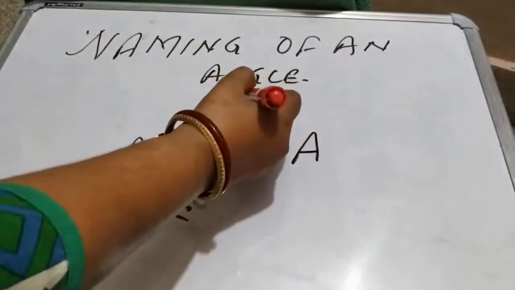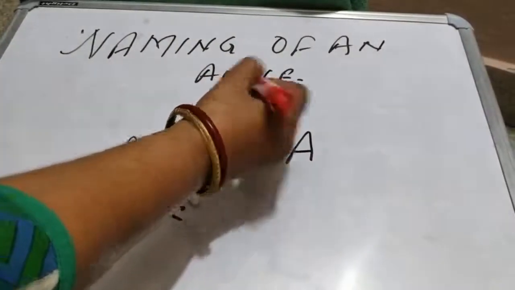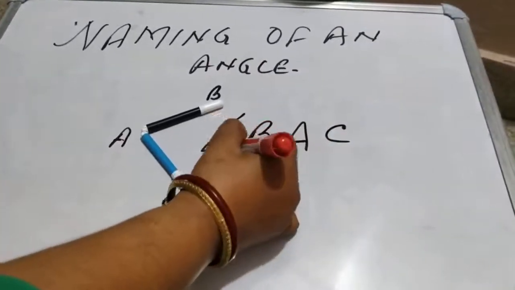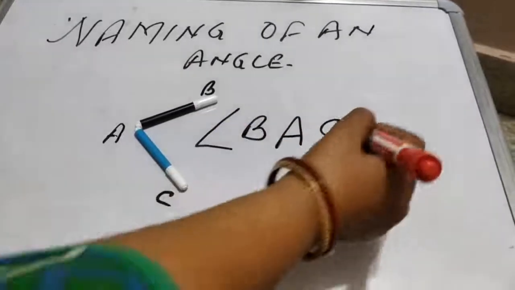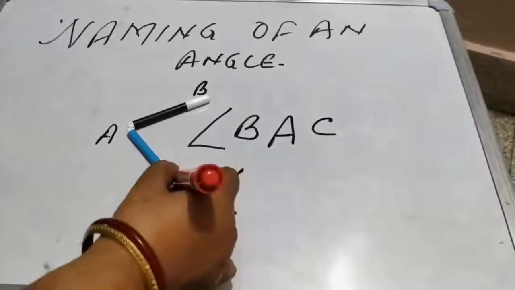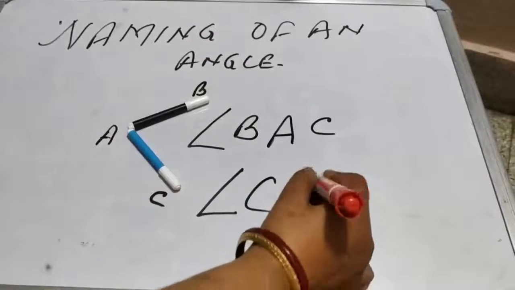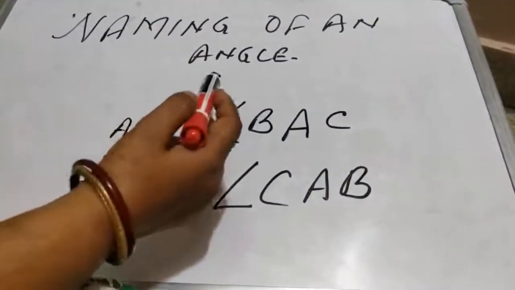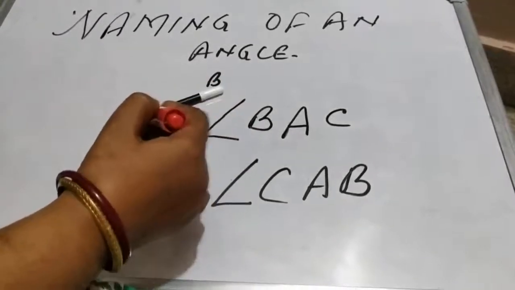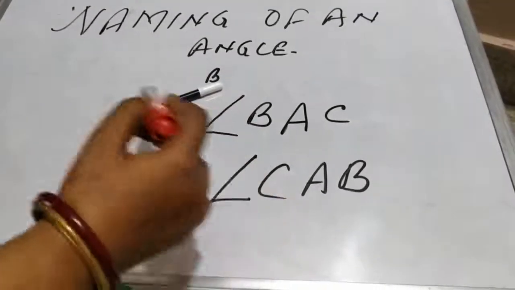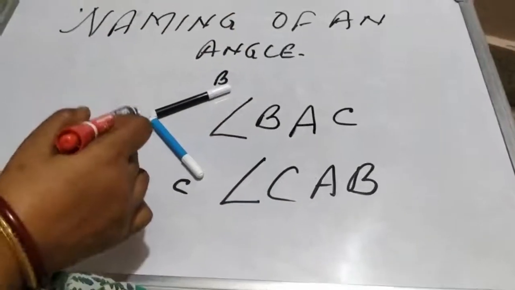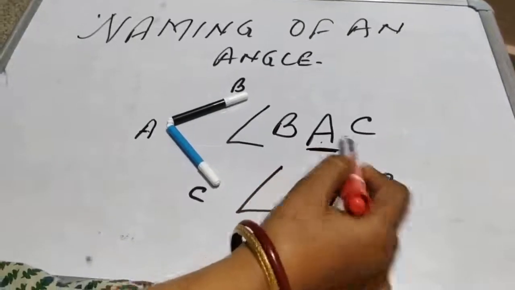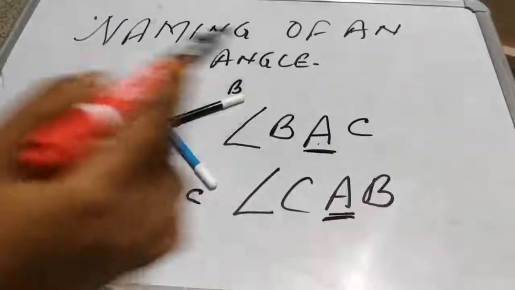Whether you start from this side, B, A, C, and this is the sign of the angle, or you can write C, A, B. We start from this side, B, A, C, or C, A, B. Always remember the vertex should be written in the middle.